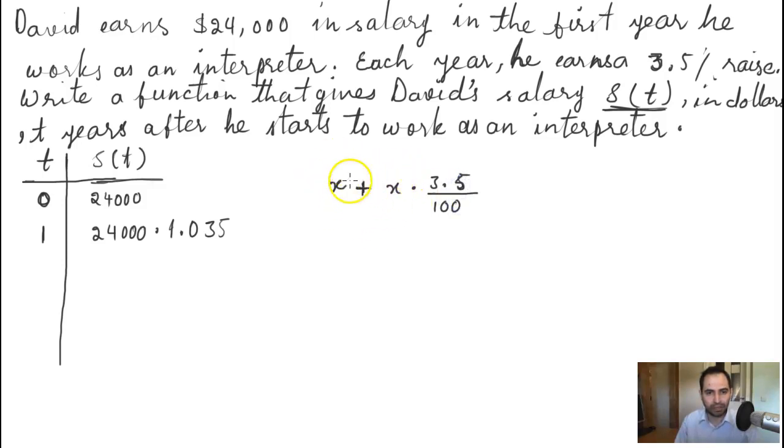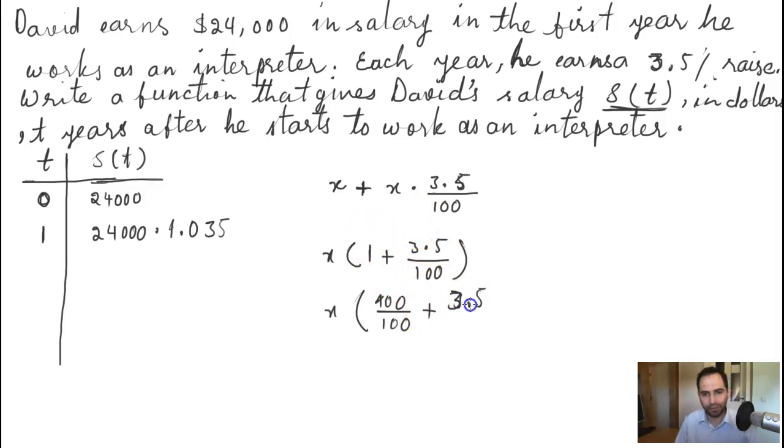So you can factor an x out, and you will be left with 1 plus 3.5 by 100. And then you can write 1 as 100 by 100, so that you can simplify this whole expression.